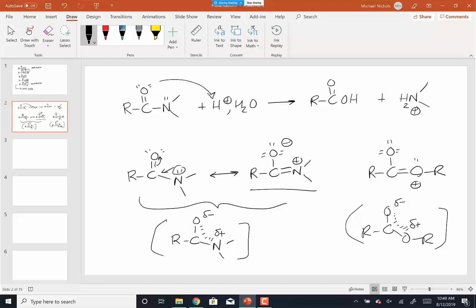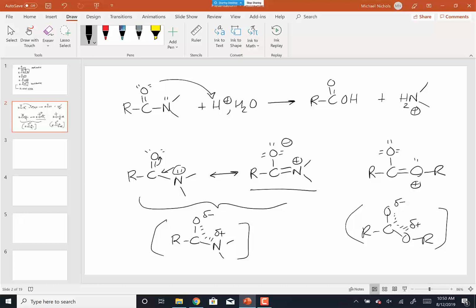Now, what is my point? My point is that if you're an H+, who are you adding to? Are you adding to the thing that's delta plus? No. You're going to add to the carbonyl oxygen, which is delta minus.